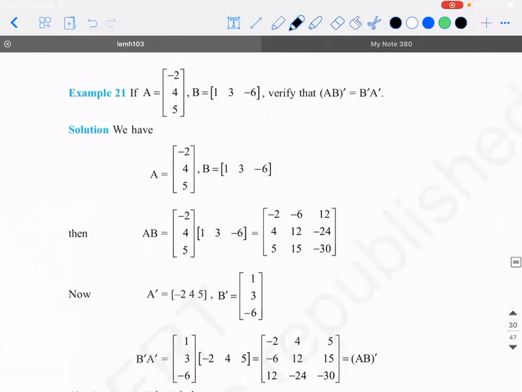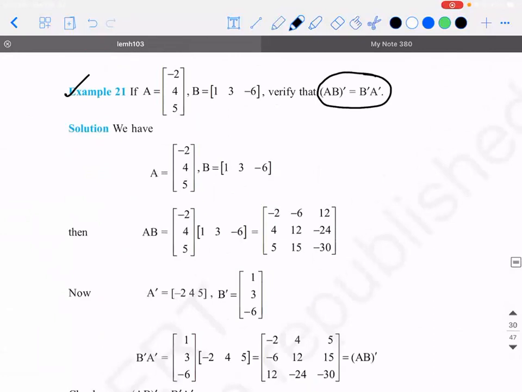So the 21st problem wants us to verify the property of the matrix: (AB) transpose is equal to B transpose into A transpose. You can verify it. It's a simple thing. The steps are: step 1, find AB. Step 2, find (AB) transpose and call it equation number 1.